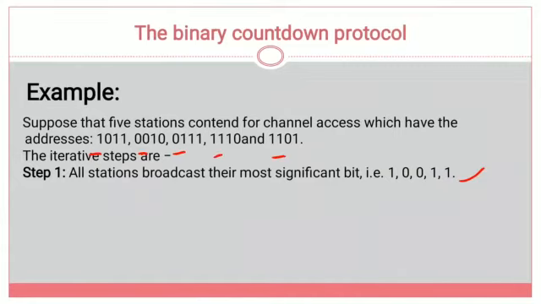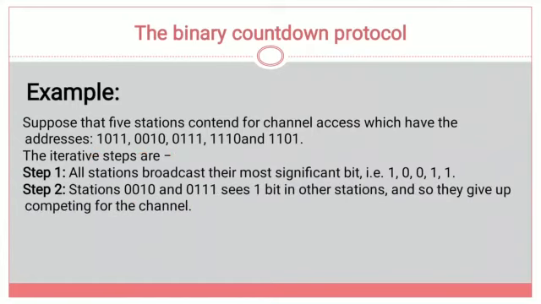So by seeing the MSB of each station, stations 0010 and 0111 see a 1 bit in other stations, and so they give up competing for the channel.